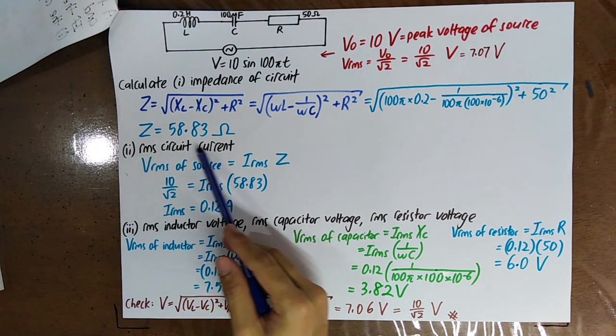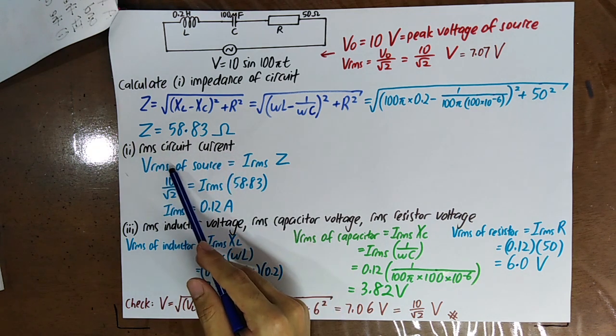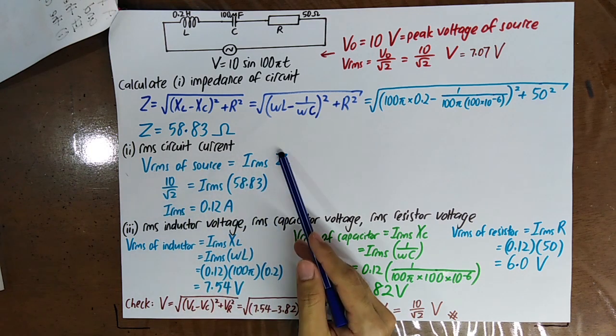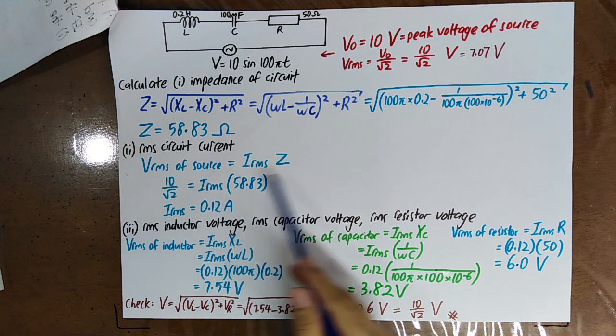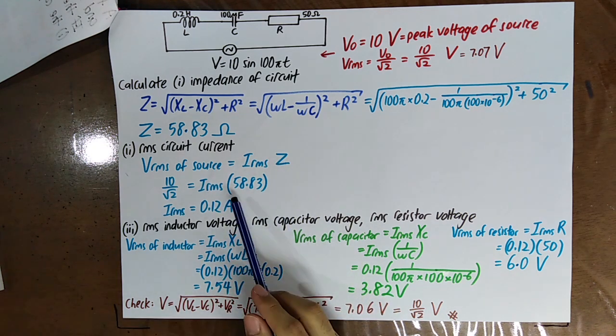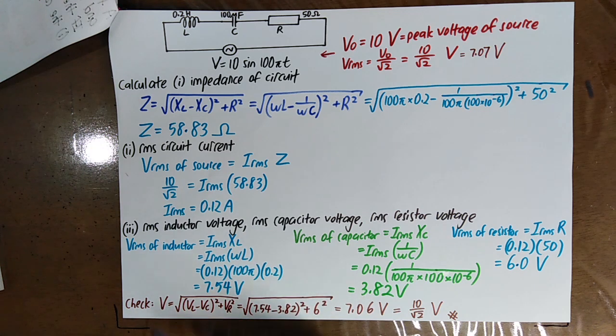Please find the root mean square circuit current. The root mean square voltage of the source divided by the root mean square circuit current equals Z, because this is the definition for the impedance Z. Then you can get the root mean square current. After getting it, you can find the root mean square voltage across the inductor, capacitor, and resistor respectively.